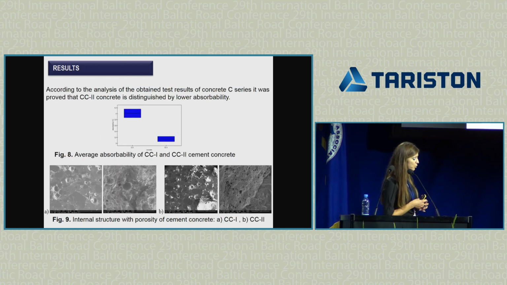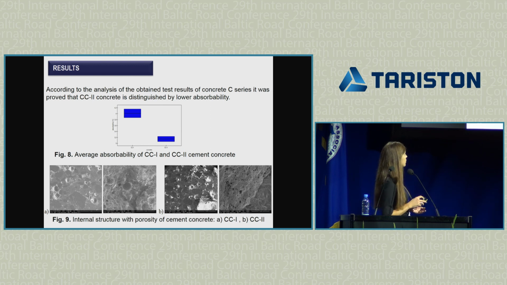And according to the analysis of the obtained test results of concrete C, it was proved that CC2 concrete is defined by lower absorbability.